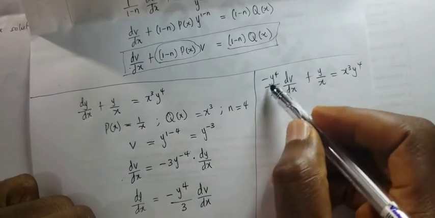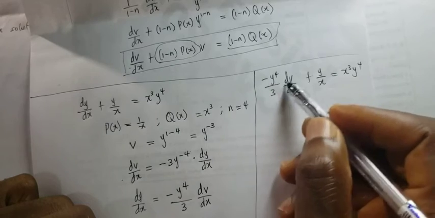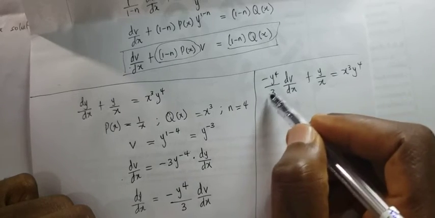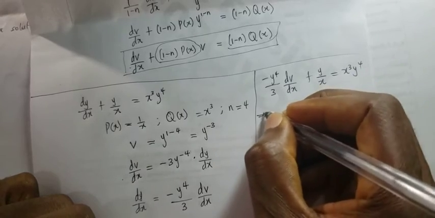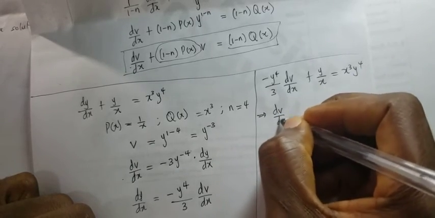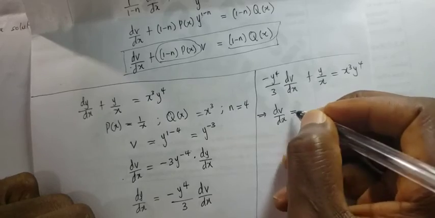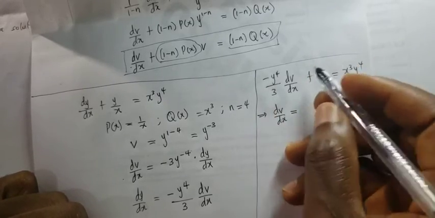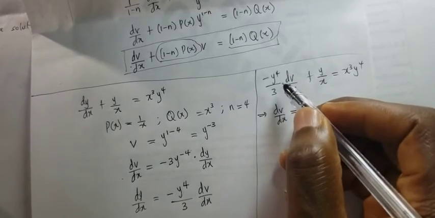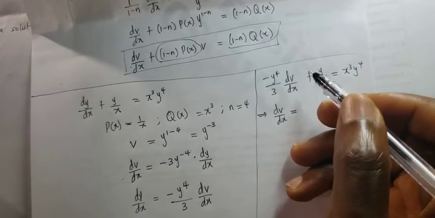So I can divide through by y raised to power 4, then multiply through by minus 3 just to clear off this 3. That's basically dividing by y to power 4 over 3, or dividing by y raised to power 4 and multiplying by minus 3.